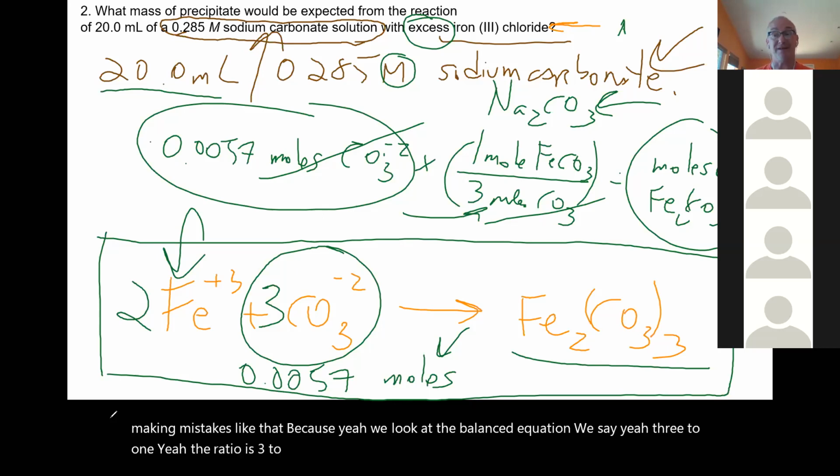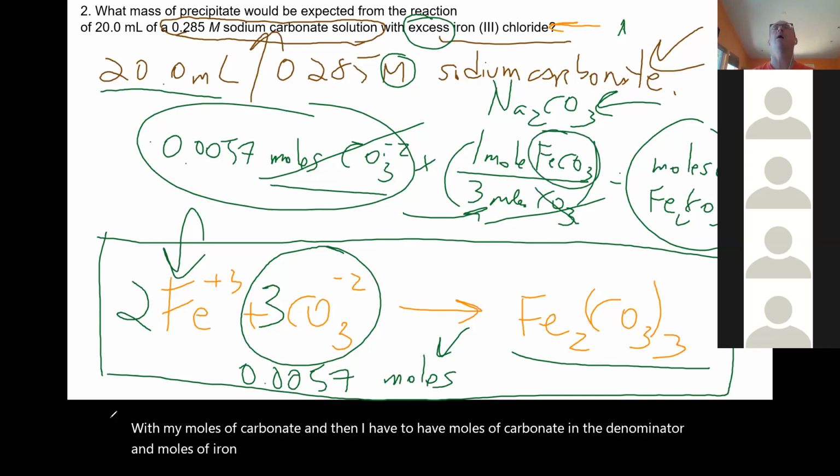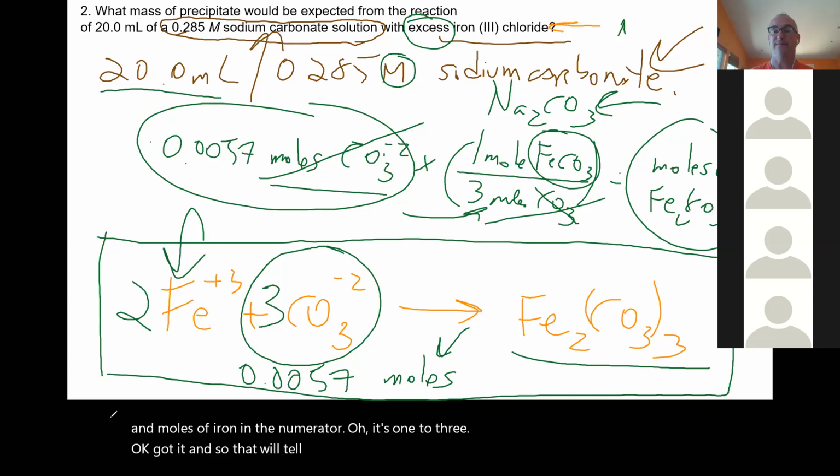But if you write it out with moles of carbonate in the denominator and moles of iron carbonate in the numerator, oh, it's 1 to 3. Duh. Okay, got it.